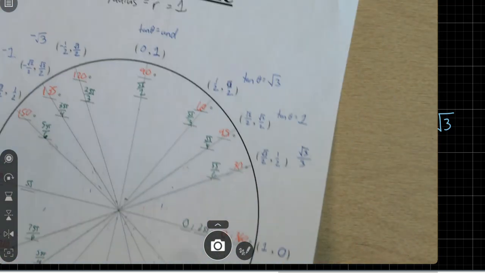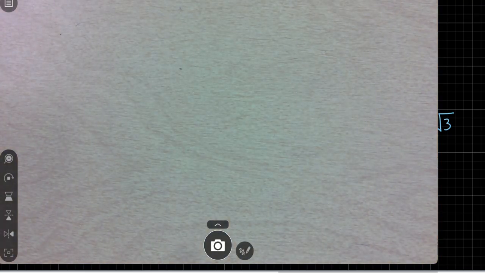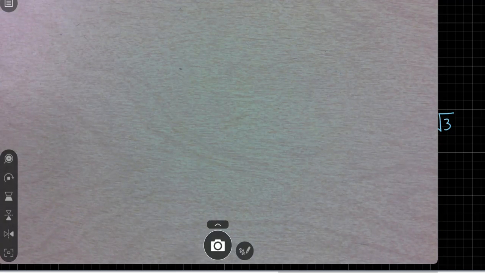The whole thing, every single blank, not the tangent. Extra credit? If you get something wrong, it will boost up your grade. But you don't have to give me tangent. You have it right there.